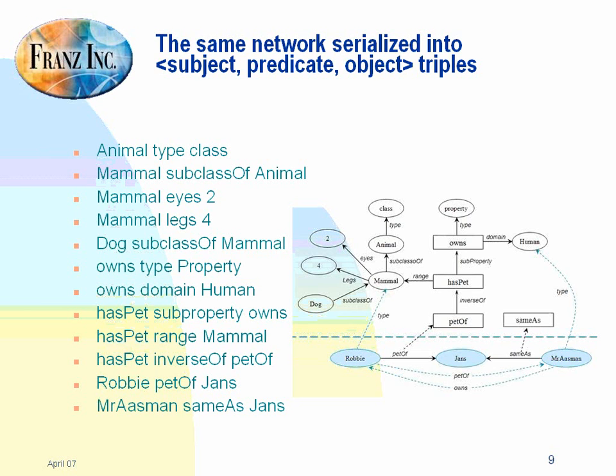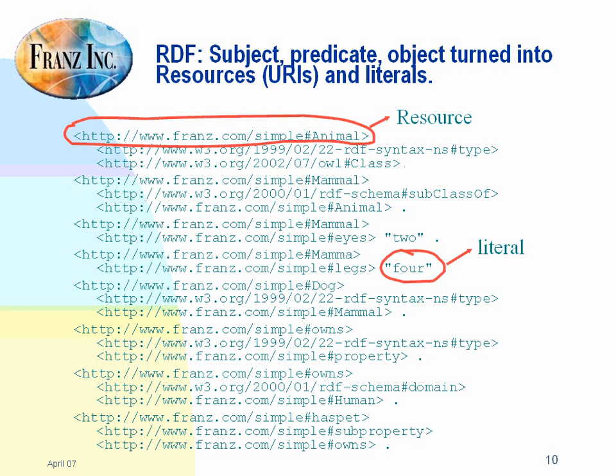So one thing that the RDF people did is say, okay, hey, all these nodes need to be unique, so let's add a namespace to it. So here you see again the same semantic network that you saw before, but now with namespaces. When there is a namespace, we call one of these nodes a resource. So here you see the animal. And if there's no namespace, then you call it a literal.